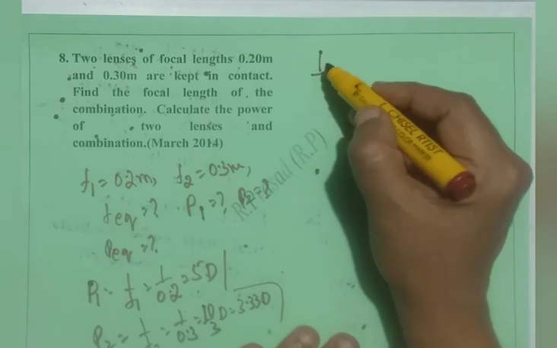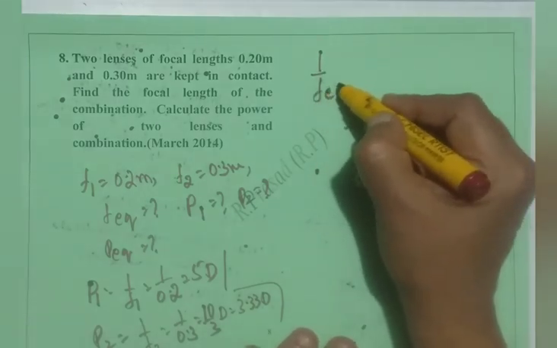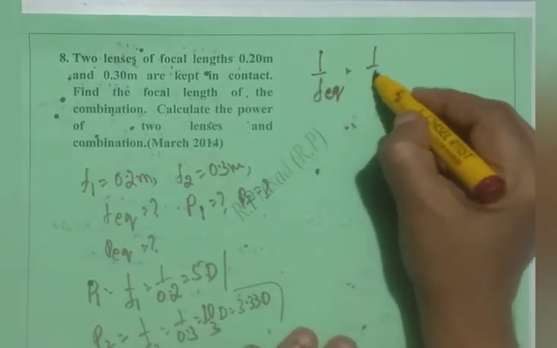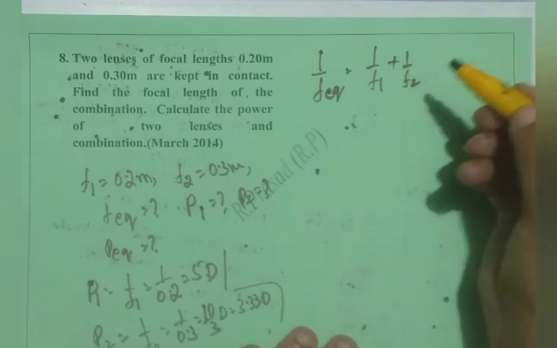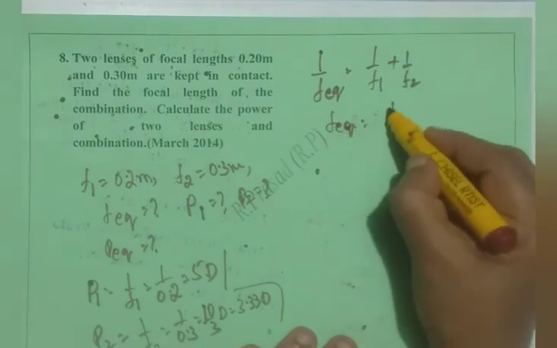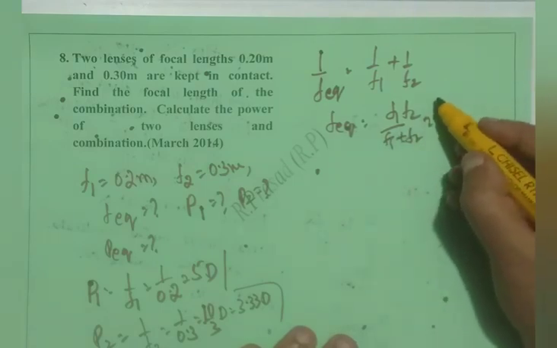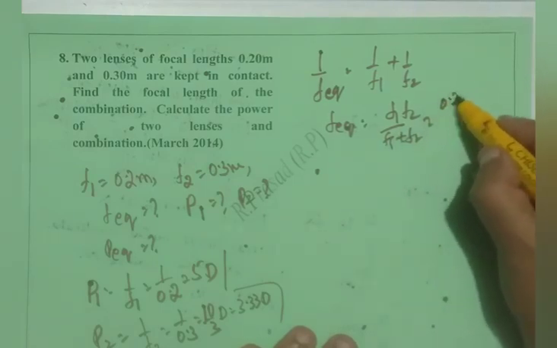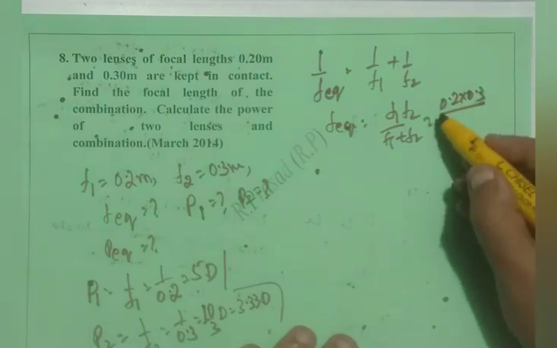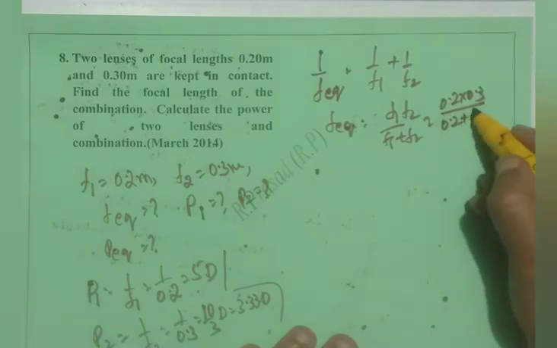With these things, now we are asked to calculate F equivalent. F equivalent can be calculated in two manners. I show the first idea: 1 by f1 plus 1 by f2, or F equivalent is f1 f2 by f1 plus f2, product by sum. F equivalent is 0.2 into 0.3 divided by 0.2 plus 0.3.